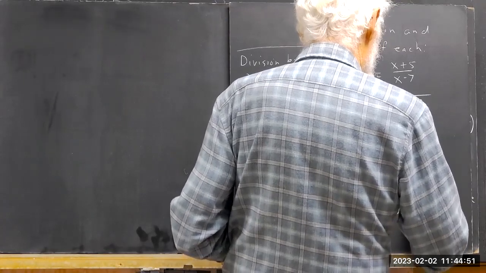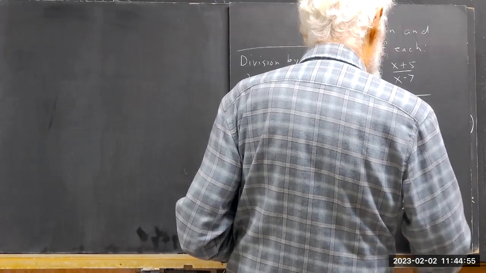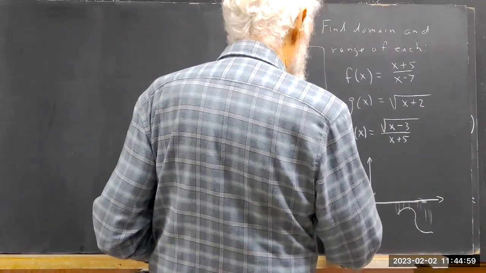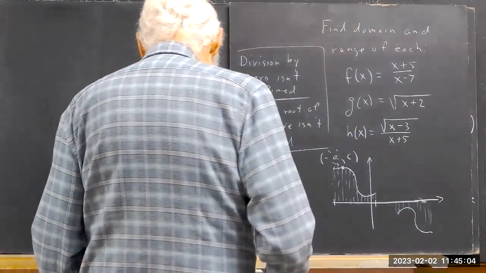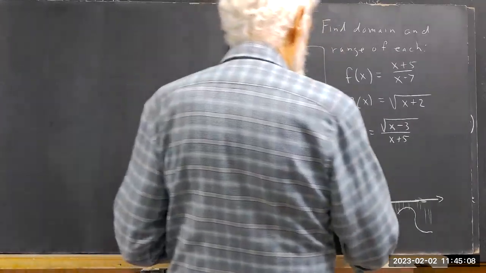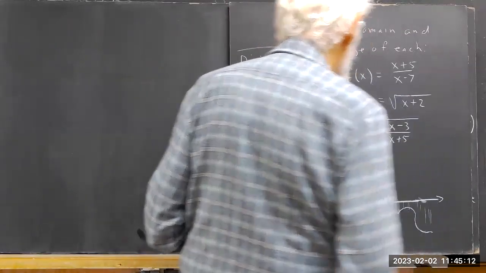We just project all these points up to the x-axis. And now we see that over here, they start here and they end here. So everything between here and here, we color, is included.